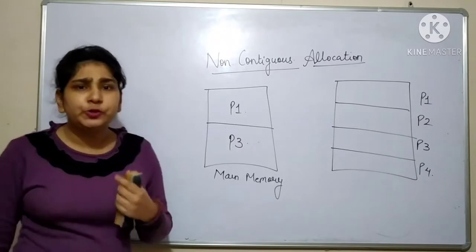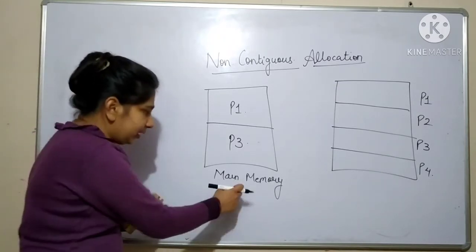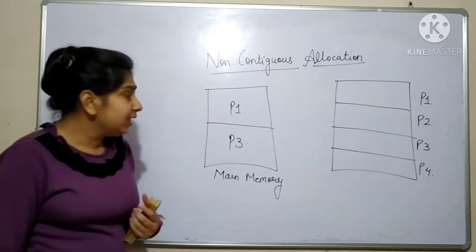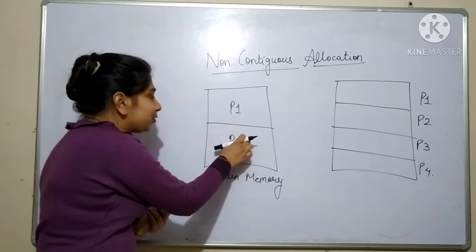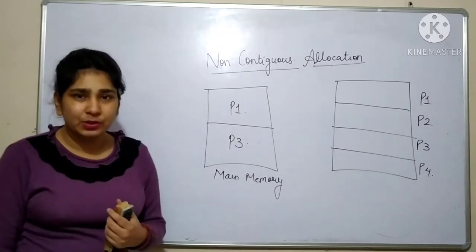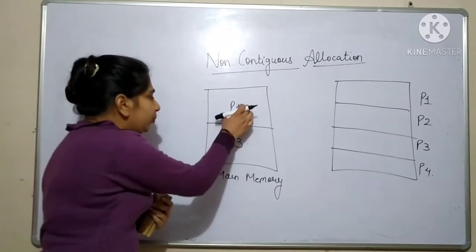You cannot store multiple processes in the main memory, because the size of your processes is very large, and you are able to store only 2 processes.